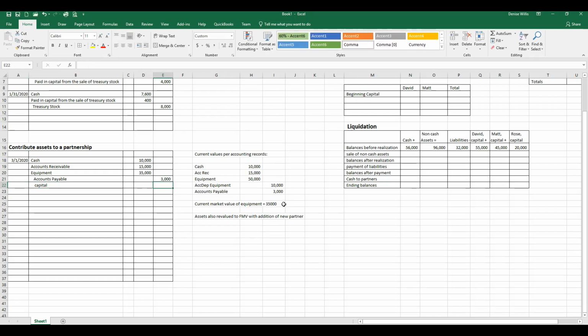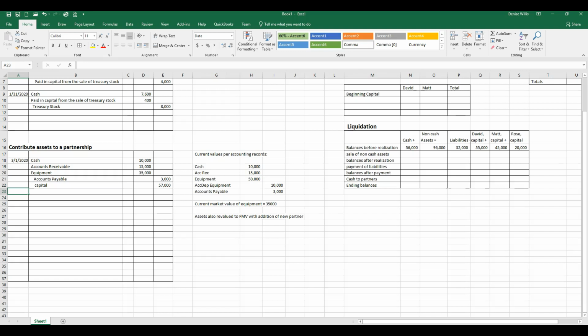So we're just going to have to find the difference. This is going to equal the sum of all these numbers minus the liabilities. They would have a capital amount, an investment total of $57,000 for what we're doing right here.